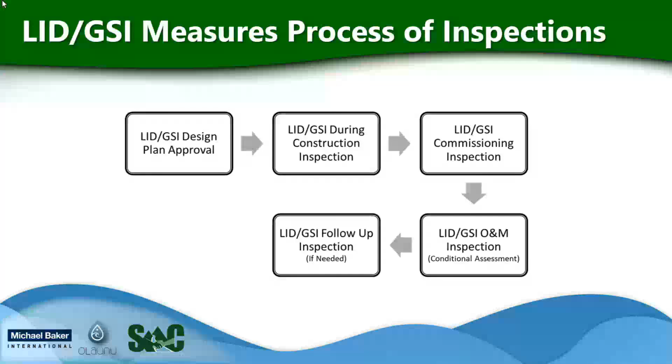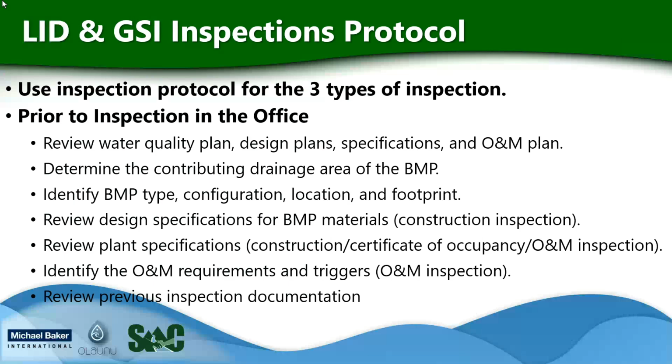There is a specific LID and GSI inspection protocol. Use of the inspection protocol is for the three types of inspection and should be used for all three types of inspection. A critical element to inspection is reviewing pertinent information related to LID GSI BMPs and doing that in the office prior to going on the inspection.